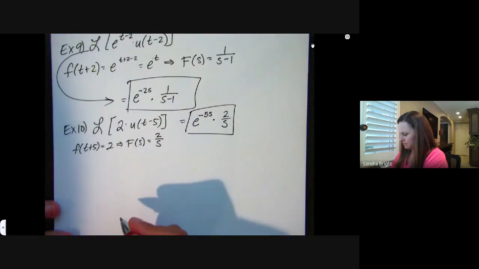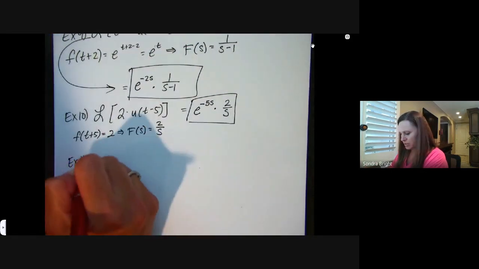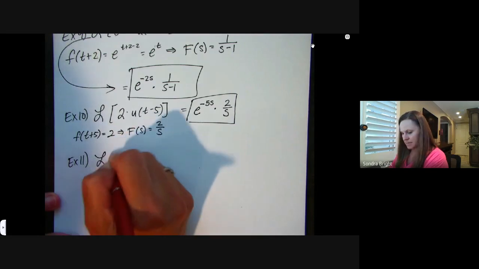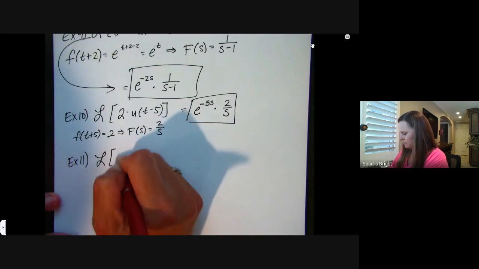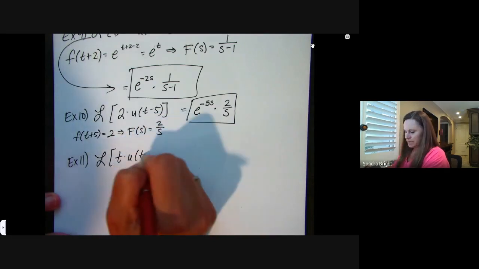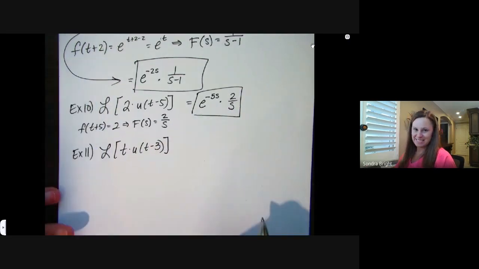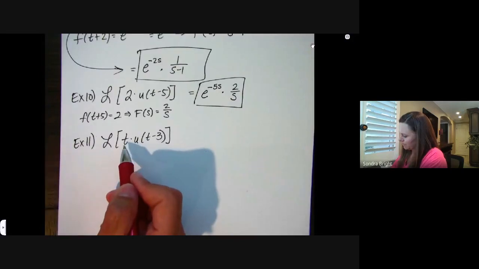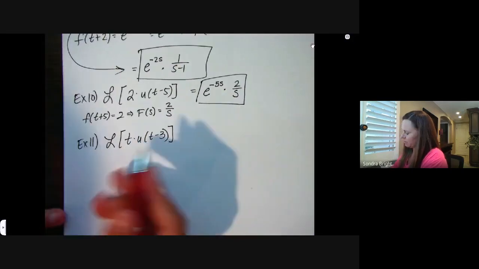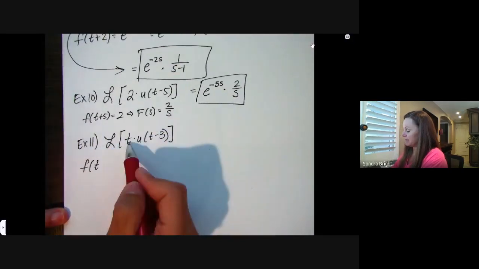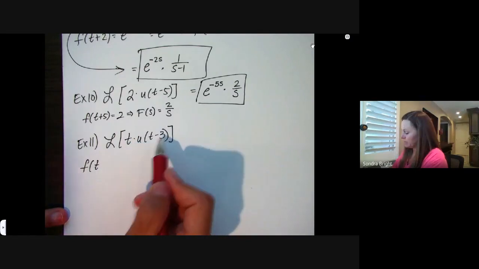All right. How about the Laplace transform of t times u of t minus 3? Well, this t is your f of t minus c, which means f of t is t plus 3.